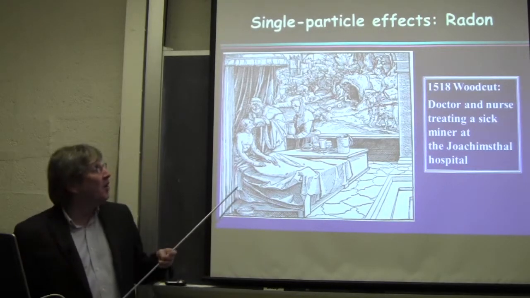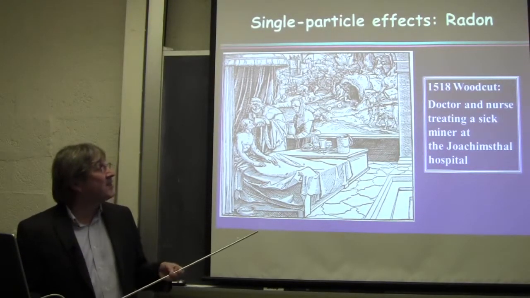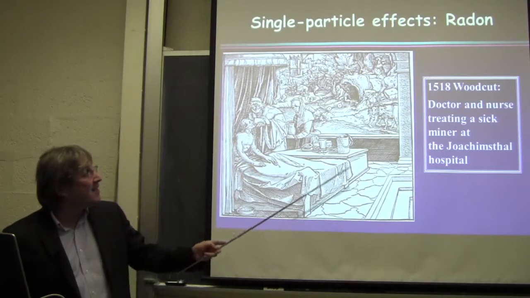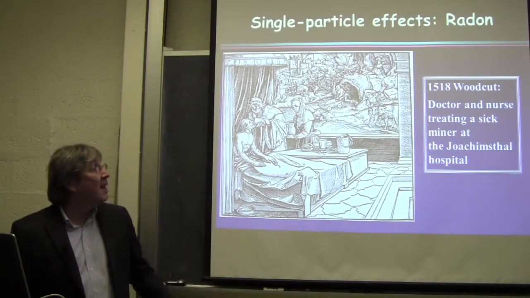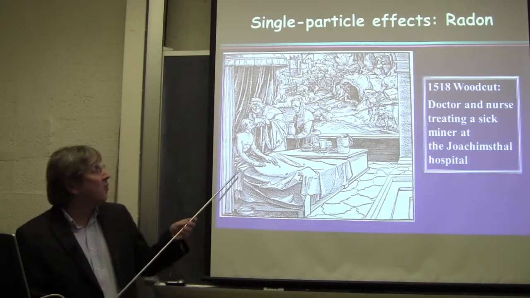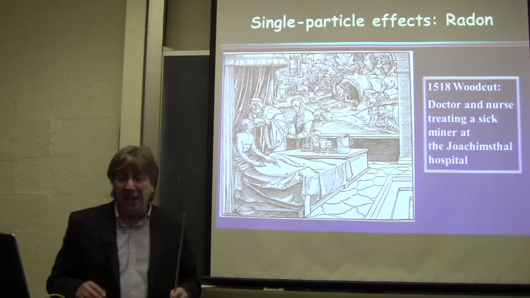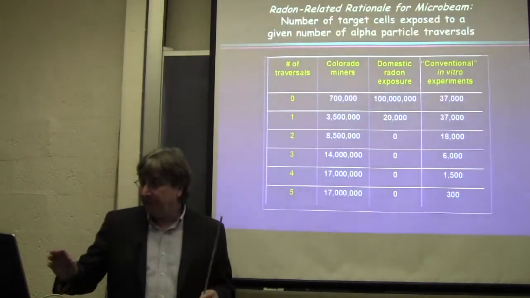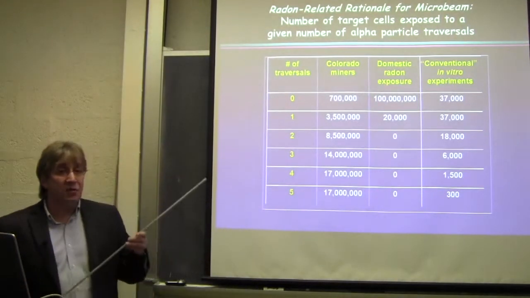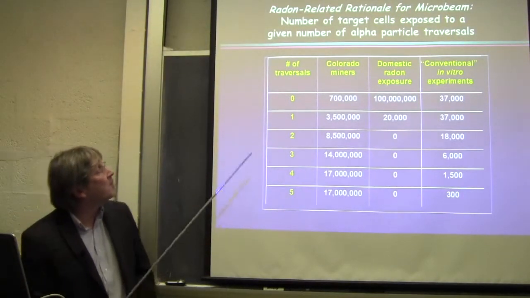And it has a long and interesting history, which I won't go into now, but here's a 16th century woodcut of a miner being treated for what we now believe to be lung cancer. So here's the story. This is why we're interested in microbeams.